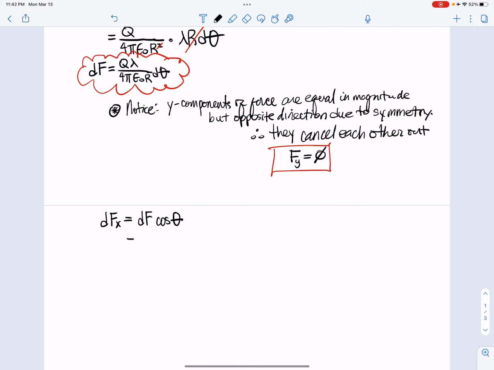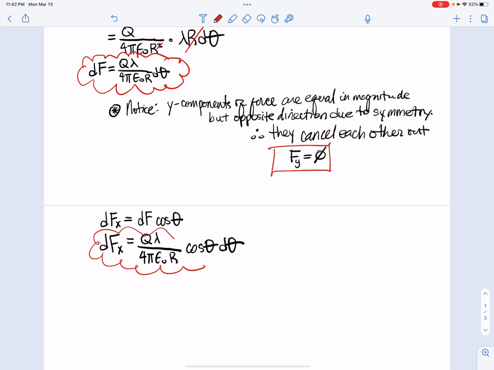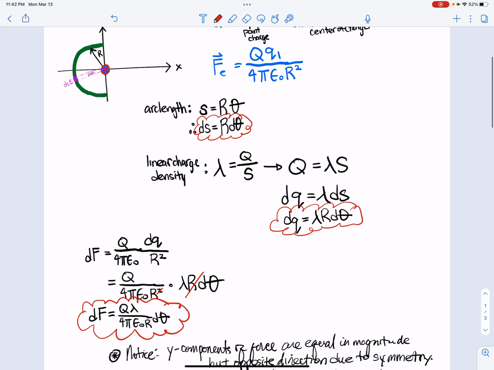And dF is equal to q lambda over 4 pi epsilon naught r, and then times cosine theta d theta, right? And that would be our tiny force felt by particle q because of this tiny segment dq, right?